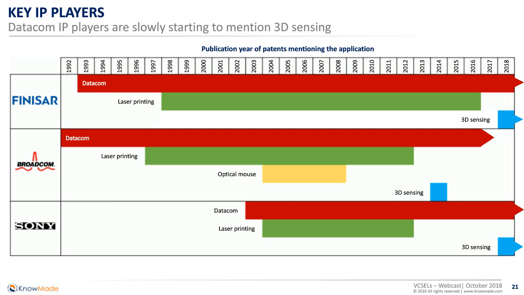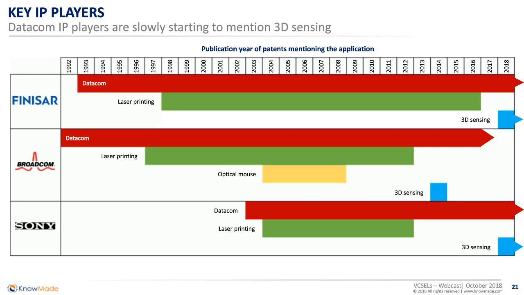And what is interesting here is that these 3 main IP players from the datacom segment are not focusing their IP activity on 3D sensing. They are just starting to mention some invention that could be used in 3D sensing, but their main priority and their main focus is still datacom.